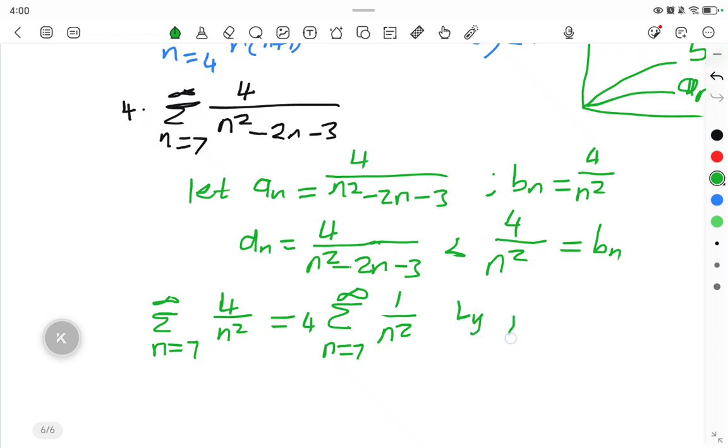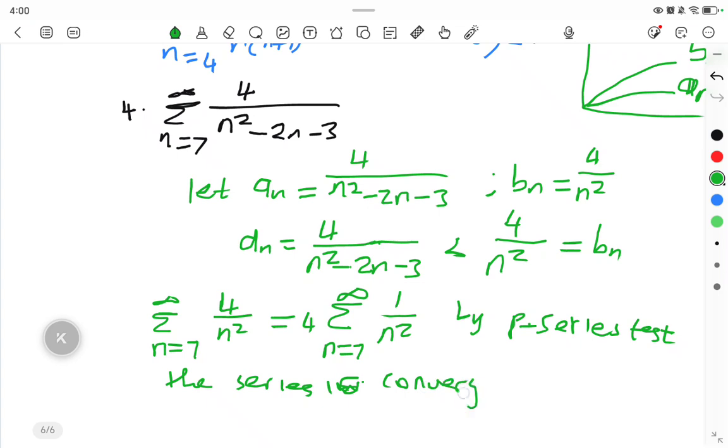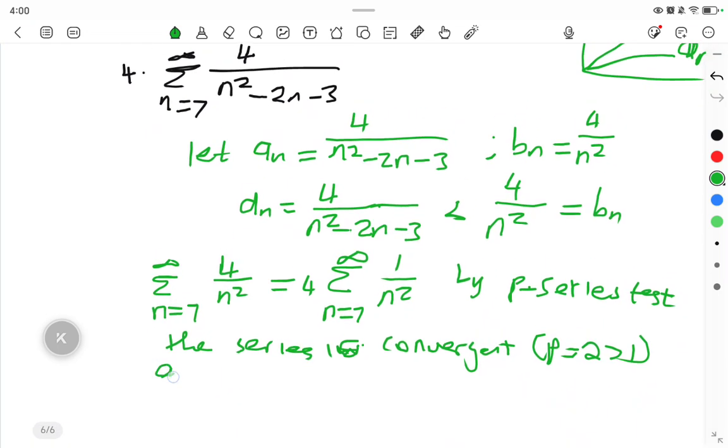And we know that by the p-series test, the series is convergent because we have p equals 2, which is greater than 1. You see that?